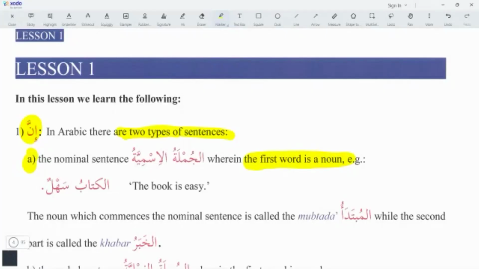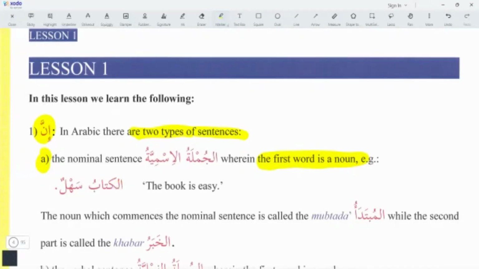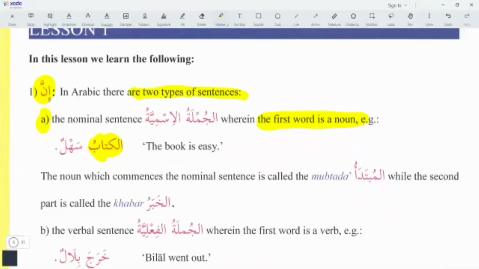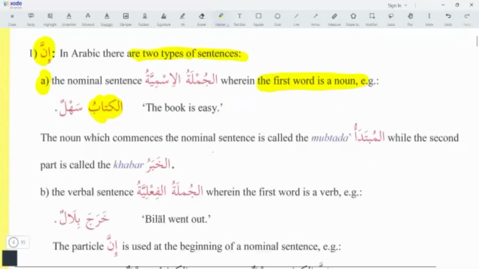Like al-kitabu sahlun, the book is easy. So the first word is ism, al-kitabu. So a nominal sentence, Jumlatul Ismiyah, starts with the ism.